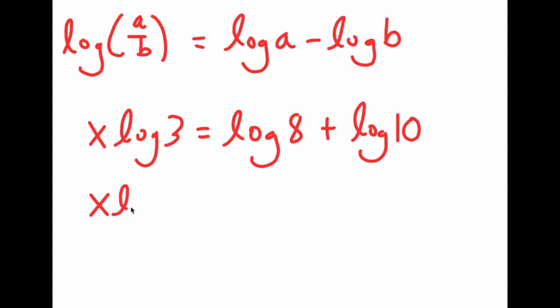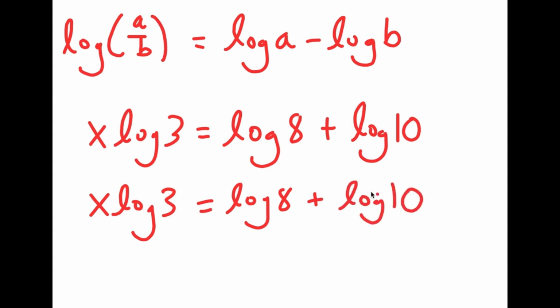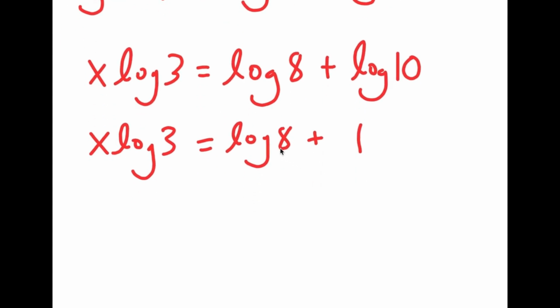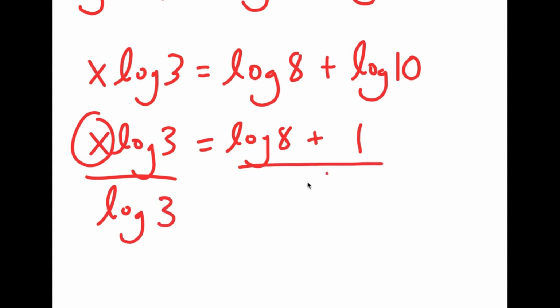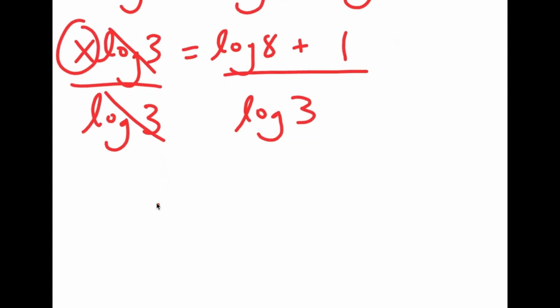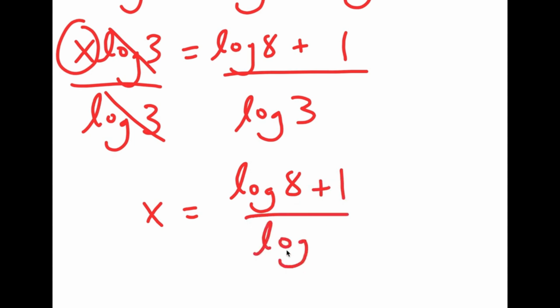So I get x times log 3 is equal to log 8 plus 1. And now remember, we want to isolate x, so the only thing left to do is to get rid of this log 3 by dividing both sides by log 3. So then this cancels out, and I get x is equal to log 8 plus 1 over log 3.